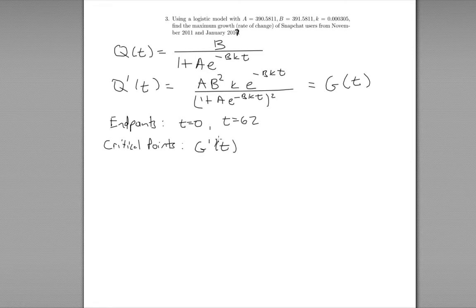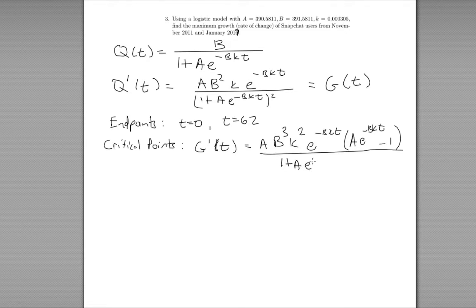Again, just using some quotient rule and maybe a little bit of chain rule, what you get for the derivative of our new function g is a b cubed k squared e to the negative b k t times a e to the negative b k t minus 1, all over 1 plus a e to the negative b k t, cubed.